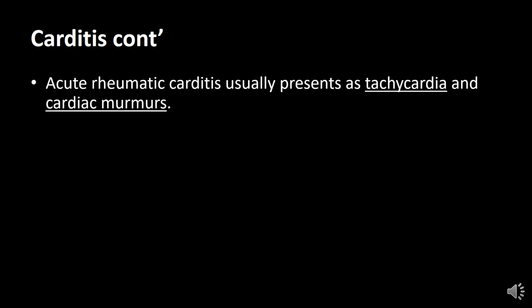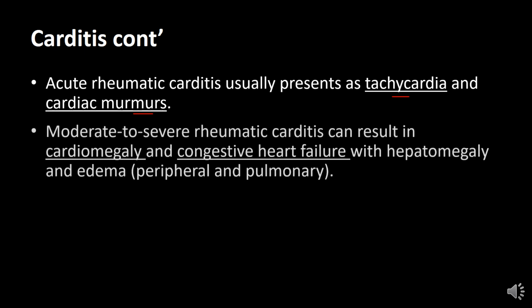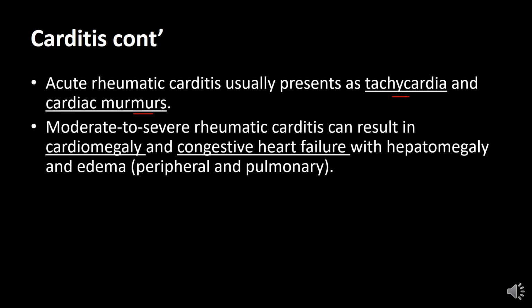Children who will usually present with carditis in rheumatic fever will have tachycardia, and then they will also have a murmur. Remember, anytime there is valvular stenosis or regurgitation, there will be turbulent flow, and then there will be a murmur when you auscultate. Tachycardia is just a compensatory mechanism to try and enhance the cardiac pumping and supply of blood. So we have children who may be moderately ill, others are severely ill.